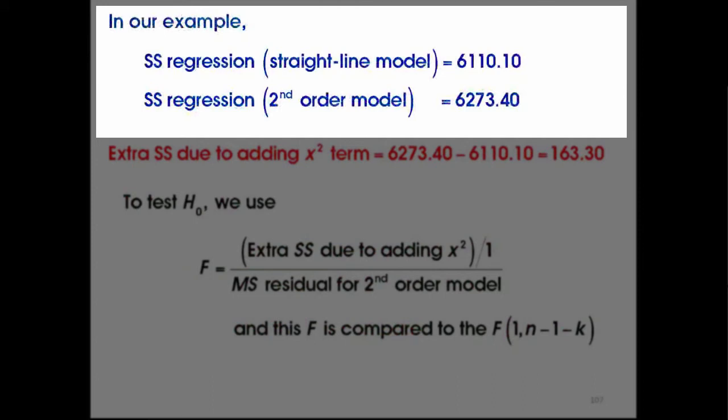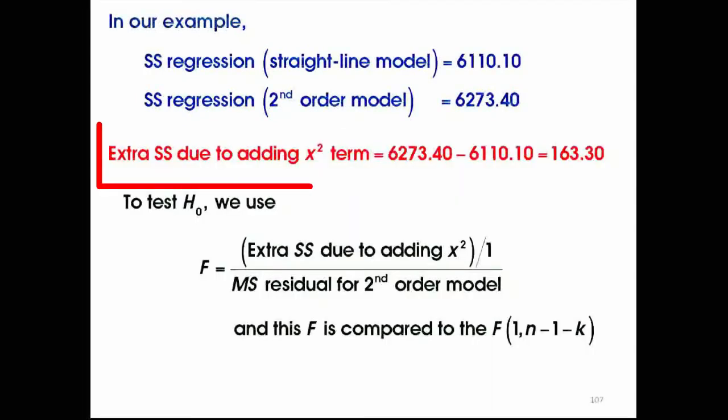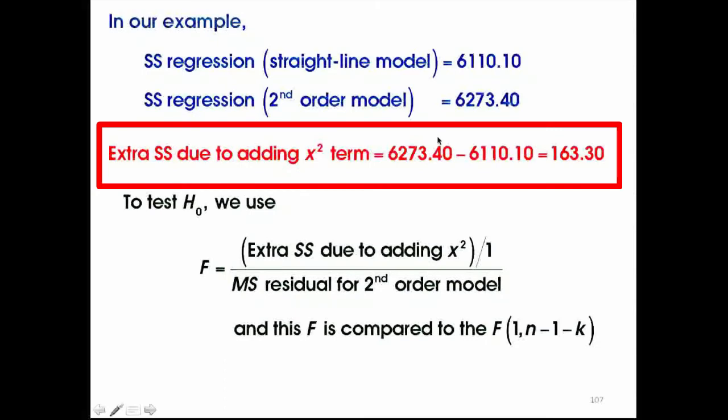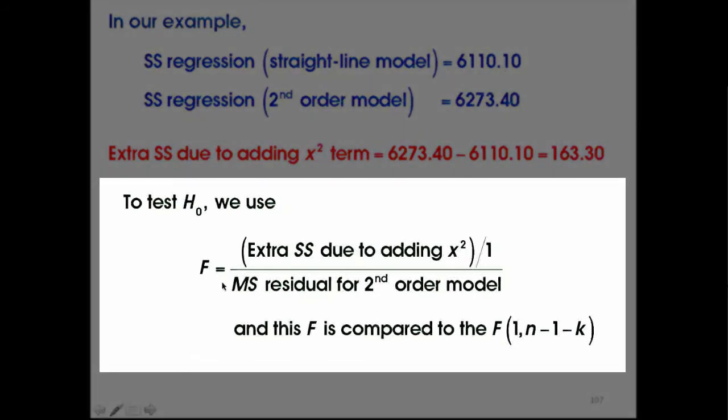The regression sums of squares for the second order model was 6273.40. So the extra sums of squares is the difference between 6273.4 and 6110.10, or 163.30.